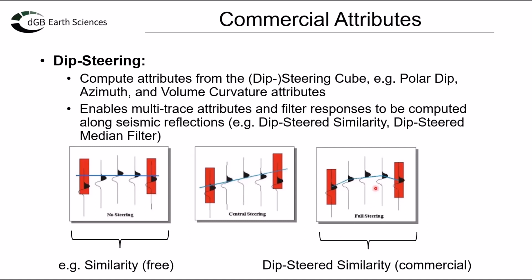But in the steering mode, you go from the evaluation point, follow the dip outwards to find the dip at this position, then follow the dip outwards to this position. So basically you are constructing a virtual horizon from the evaluation point. Then you extract the information along this virtual horizon, and that gives you dip steered similarity. And we can do that with any multi-trace attribute in the system.